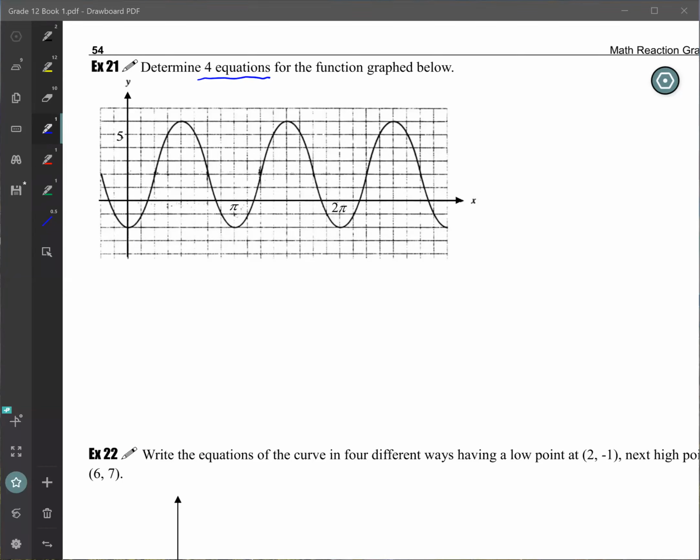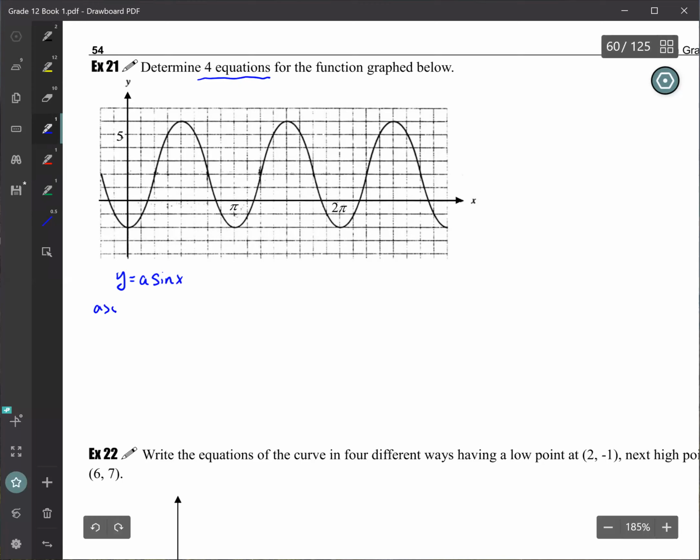Let's all do the first one, the same one first. Let's all do the one that has sine then, with a positive, okay? Let's do this one first. And then a negative.